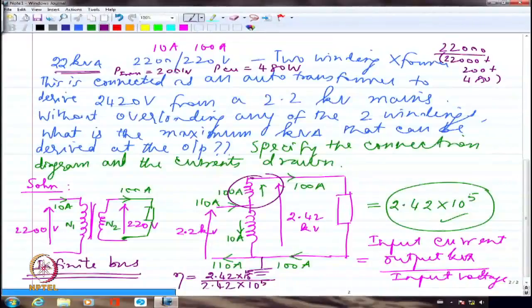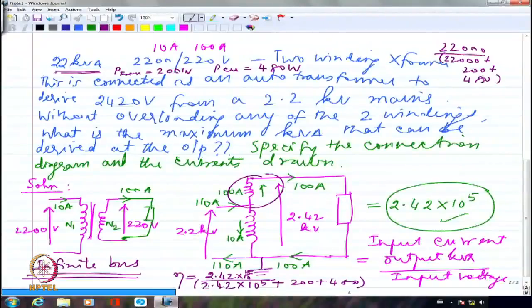Obviously the efficiency will be much better at unity power factor. So no wonder we say auto transformers have much less losses, much better efficiency. Right? So auto transformers definitely are very, very good when I have strengthened the insulation to a sufficient extent. If I have not done that, the transformer will be burnt.